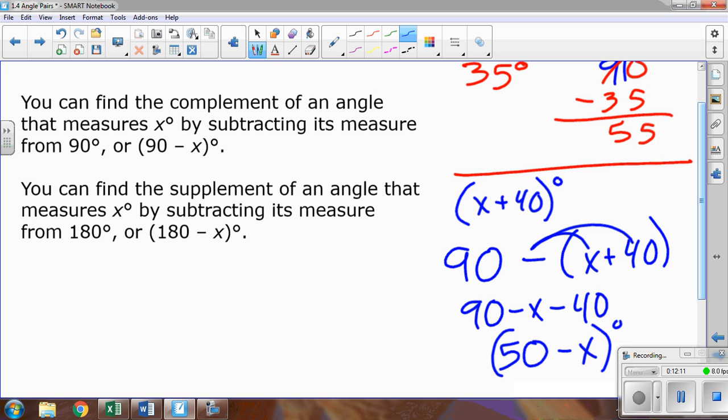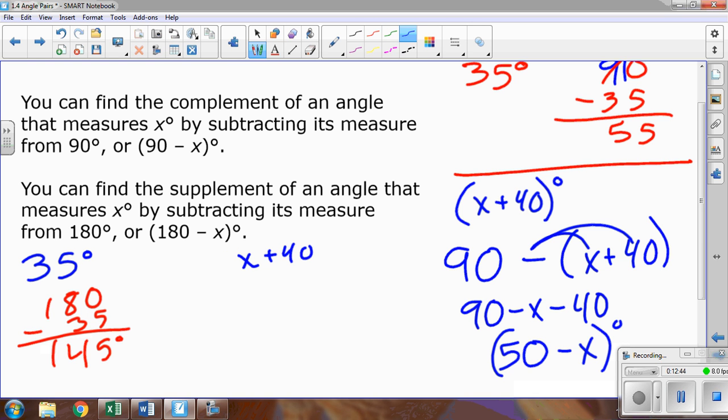Supplementary angles work the exact same way. If we were to take this 35 degrees again from the original, how big is its supplement? Supplement adds up to 180, so to get the supplement, we'd just have to subtract off from 180, which equals 145. Just like before, if we wanted the supplement for x plus 40, we would have to subtract it off from 180.